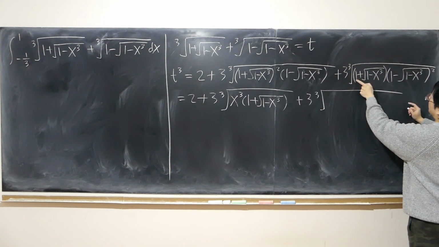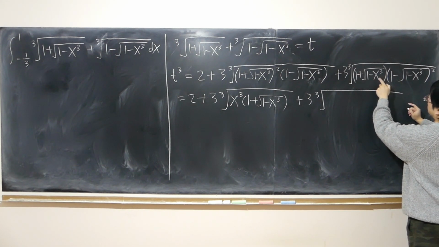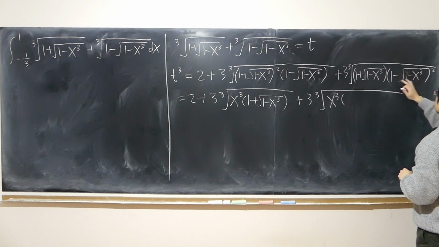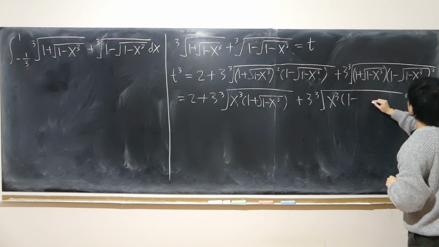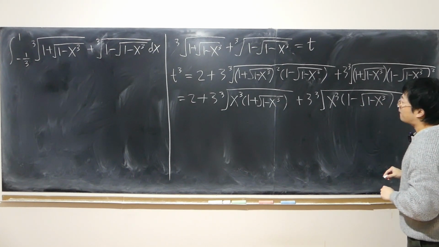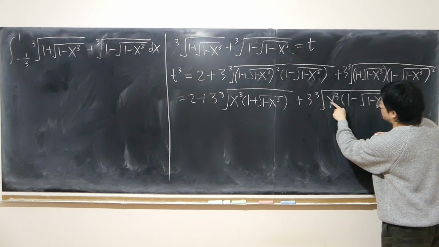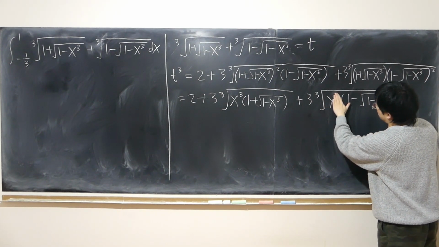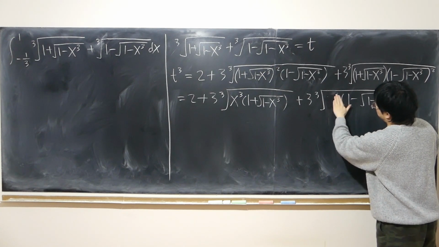So 1 minus 1 and minus minus, so plus x cubed. And I only have one of these left, 1 minus. Since here x cubed under the cubic root becomes x, this can be taken out.